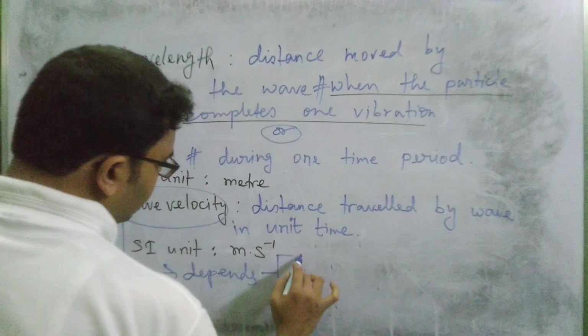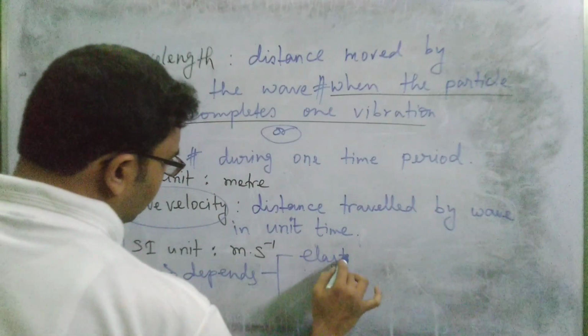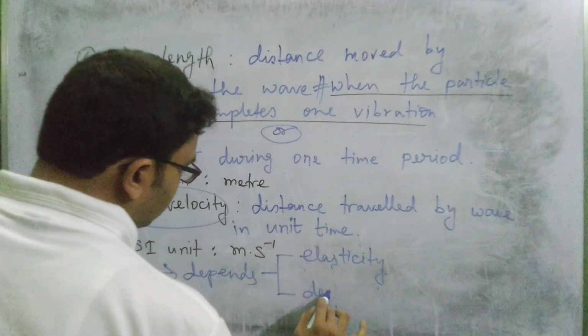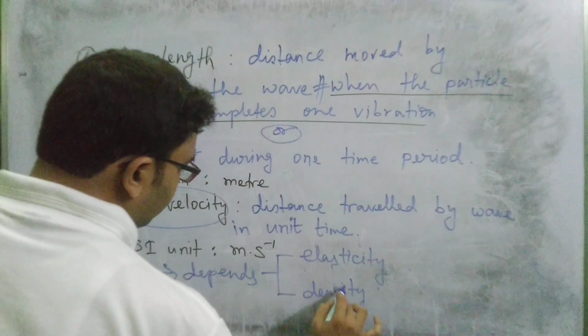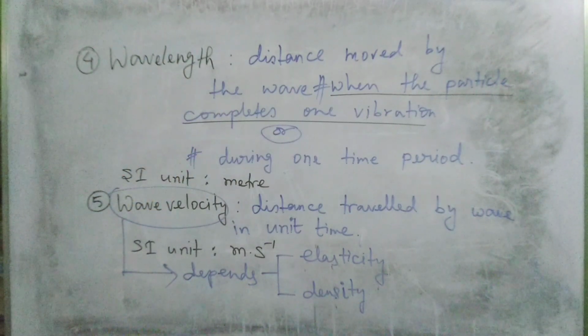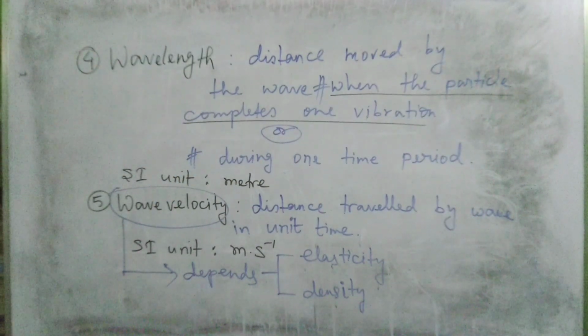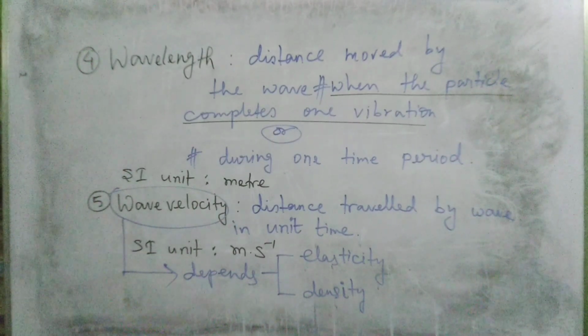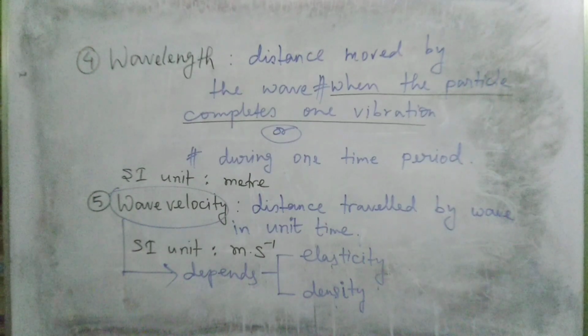One is the elasticity of the medium, and the second is the density of the medium. These are the two factors that actually affect the wave velocity. These two factors affect how much distance the wave travels within a certain unit time, within 1 second, 1 minute or 1 hour. So these are the two factors that affect the wave velocity.